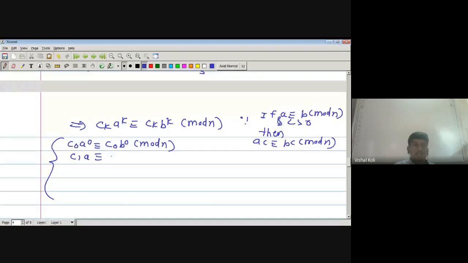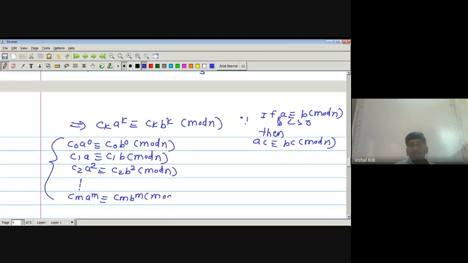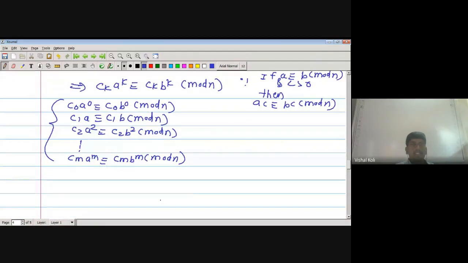In the third one, c2 a square is congruent to c2 b square modulo n, and so on. At the last step, we get cm a to the power m is congruent to cm b to the power m modulo n. If we add these m plus 1 terms, that is, this one is the first one, this one is the second one, therefore there are m plus 1 terms.